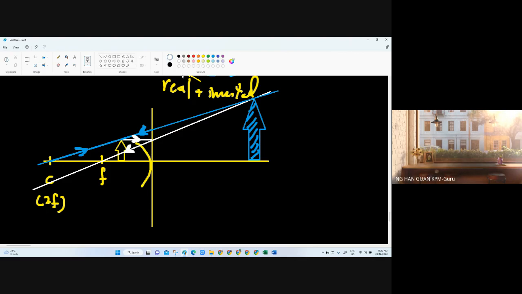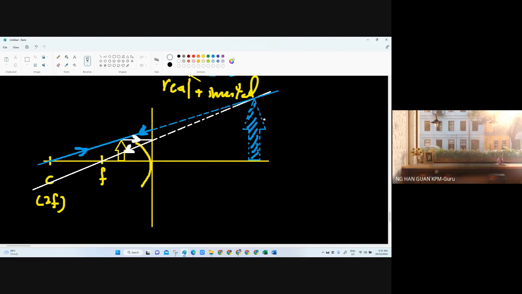So whatever is after the mirror will be virtual, because the light is deflected back by the mirror. Whatever forms after the mirror is virtual. It cannot be projected on a screen. It's a virtual image, right?